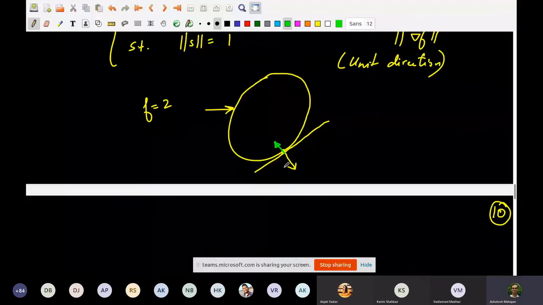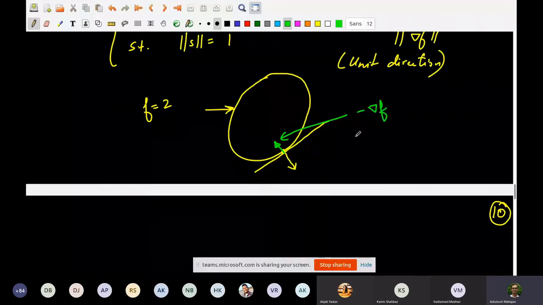This is something you should practice and try to understand: what is this tangent, and what is this direction. But quickly, I'm just going to tell you that this is the minus of the gradient of f.